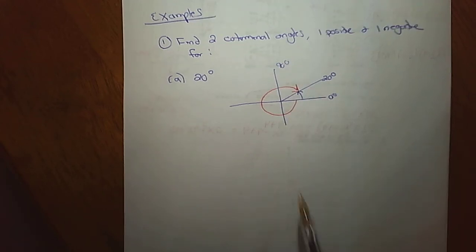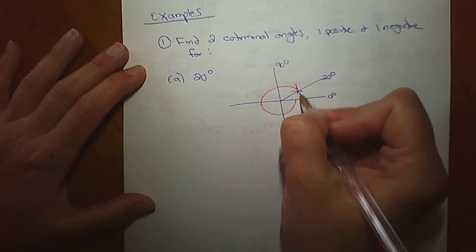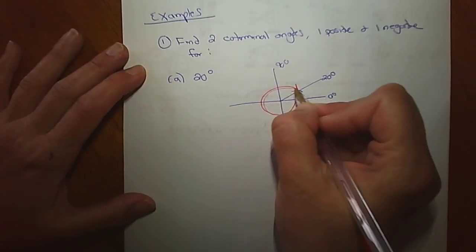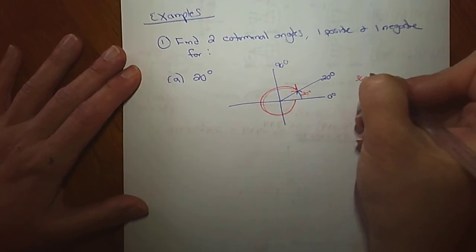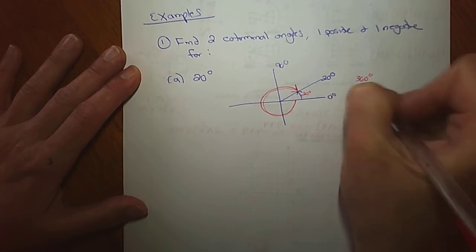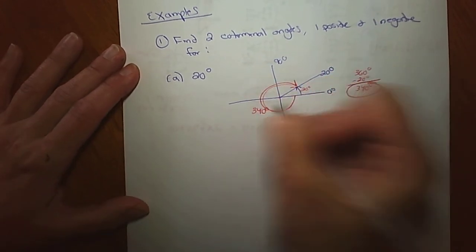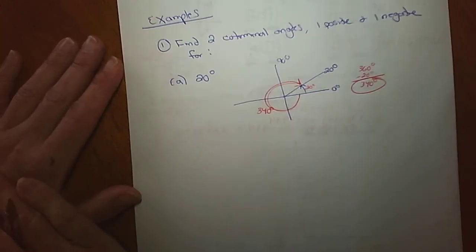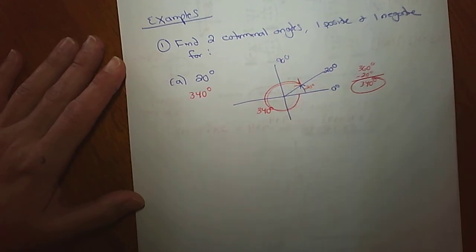And how many degrees are in a circle? 360, right? So from here to here would be how much if this is 20? Well, what's 360 minus 20 going to make? 340. So this red one here, 340, that's a coterminal angle. So 340 would be one of the answers.